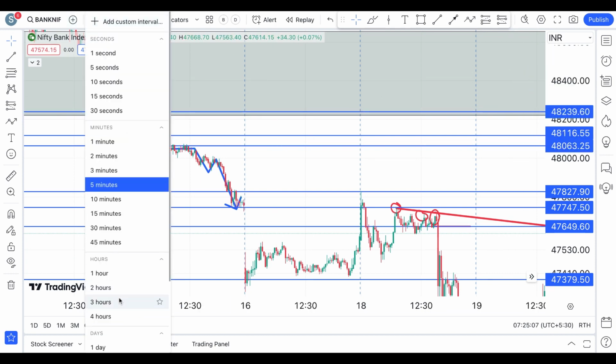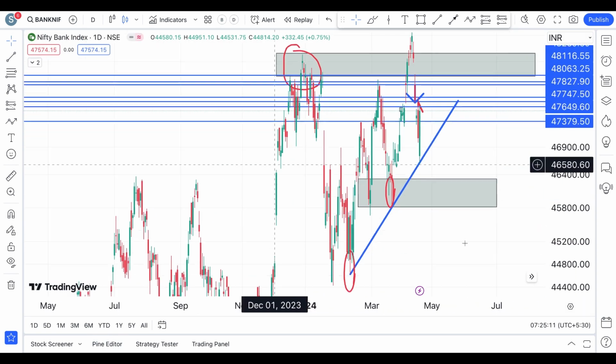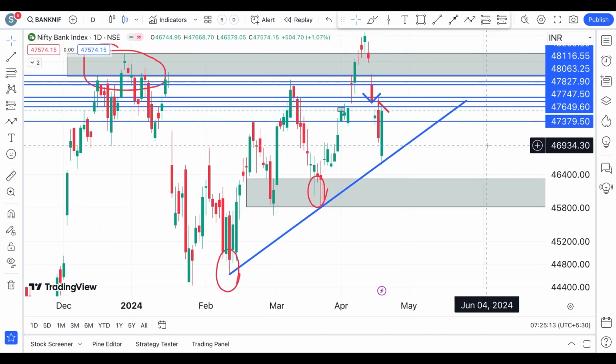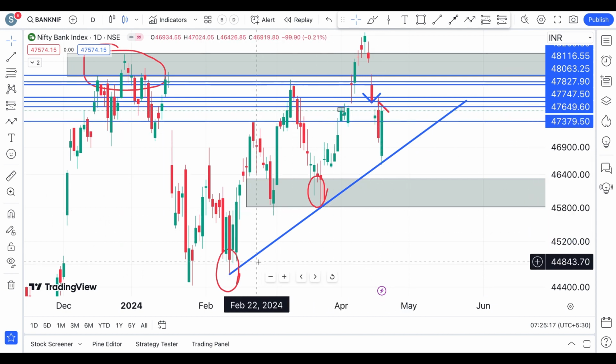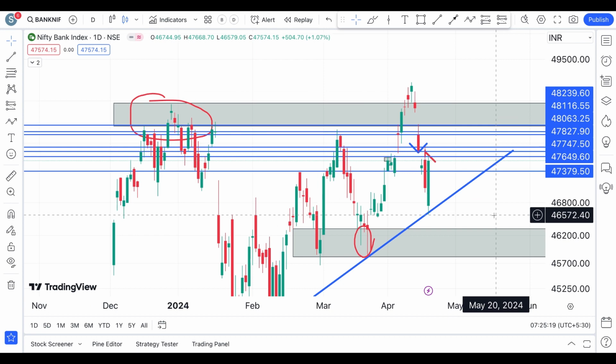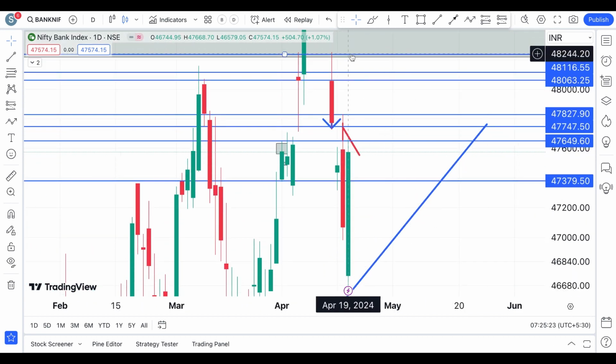And from the daily chart, this is the daily chart of Bank Nifty. Here we have seen a bullish engulfing pattern, which is a positive sign, standing on this trend line. We have marked almost till there.